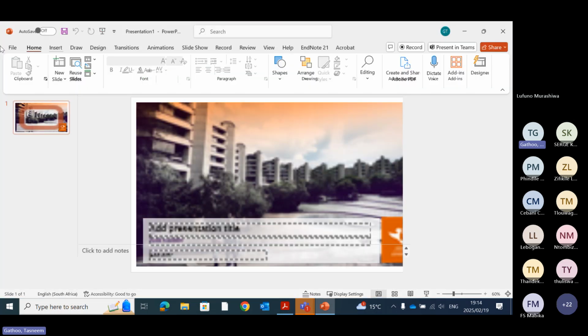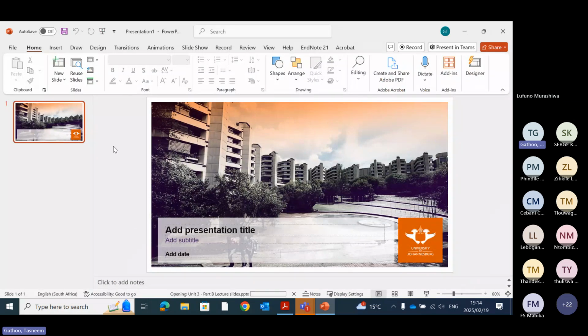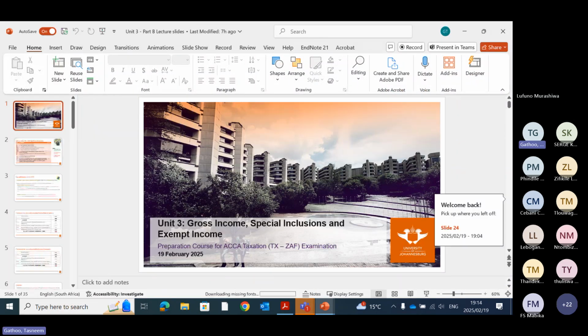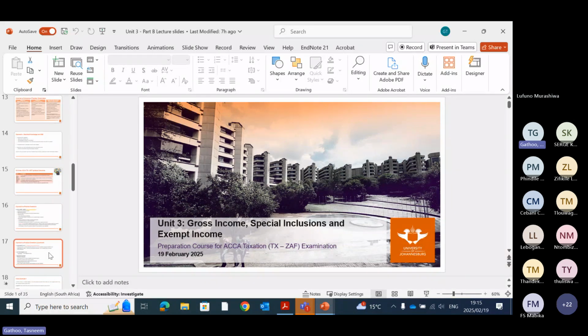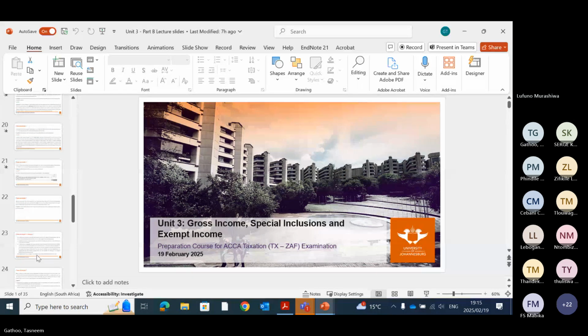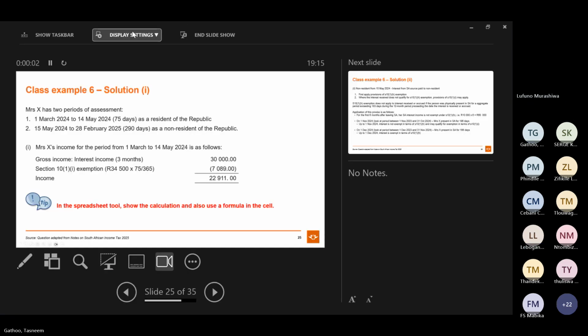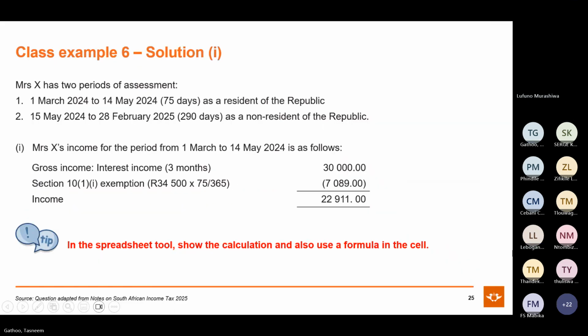You don't necessarily have to quote the sections. When you're dealing with exemptions, let's go back to this question here again. If we go to class question 6, in the first one, your gross income and your exempt income are two separate amounts.